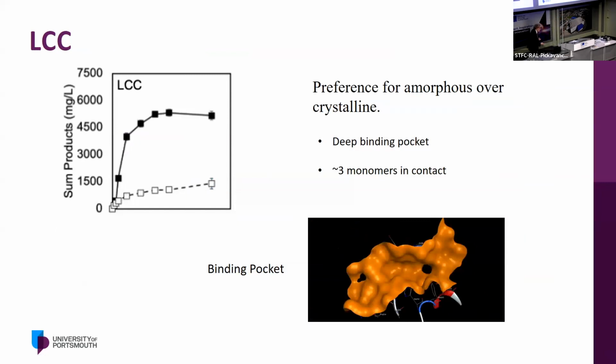PETase, this one, LCC. And this shows you one of the problems with the enzymes which work well, because what we're looking at here is the rate at which the enzyme breaks down amorphous PET compared to crystalline PET.